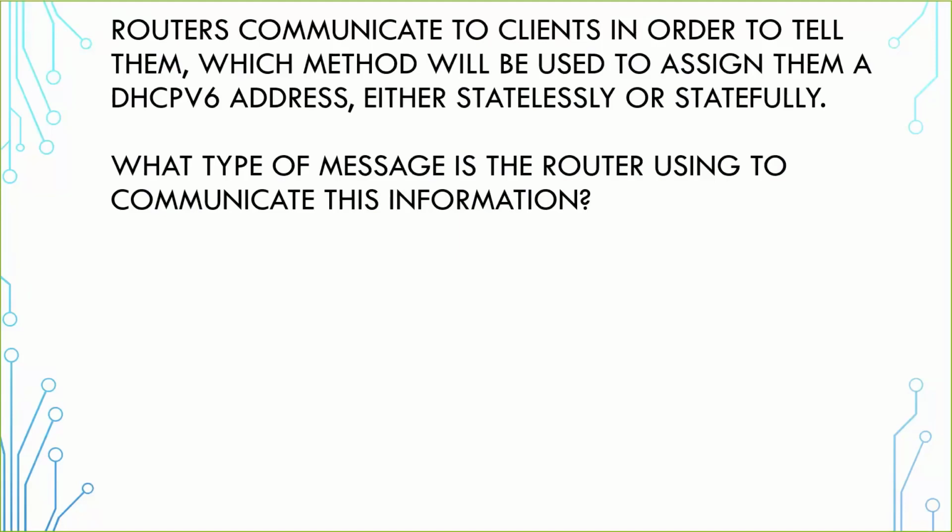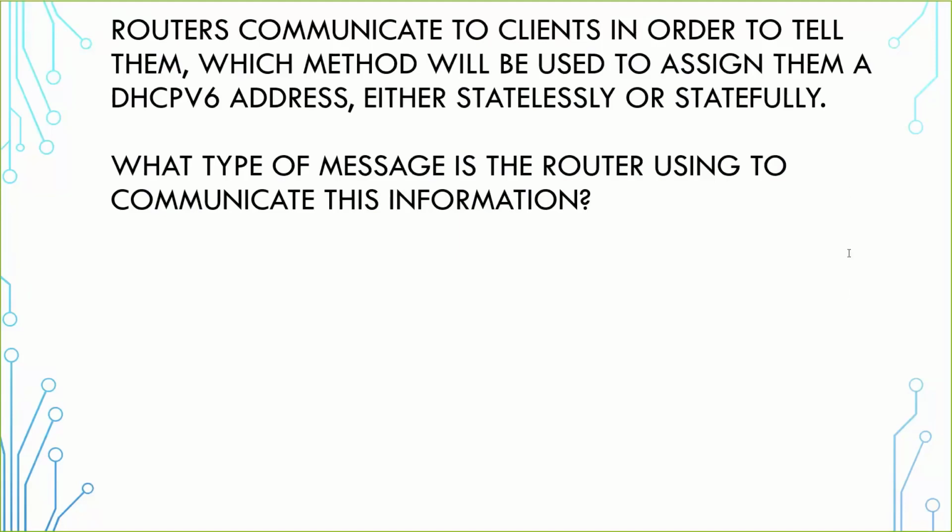The routers are going to communicate to the clients in order to tell them which method they're going to use. Are they going to use a DHCP server? Are they going to use stateless? Are they going to use a hybrid of stateless plus stateful? They're communicating. So what type of message is the router using to communicate this information? And I did see the answer in the chat box. Yeah, it's using a router advertisement.